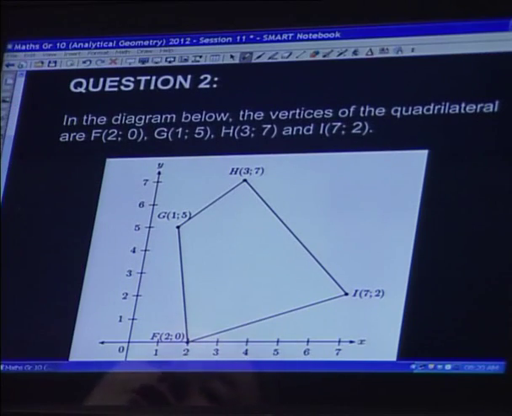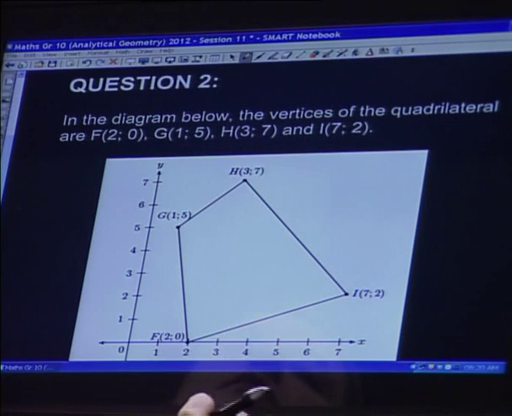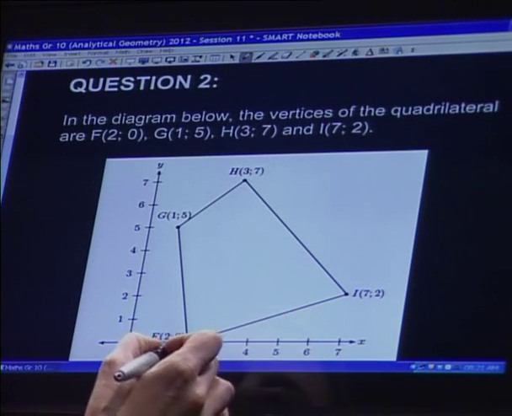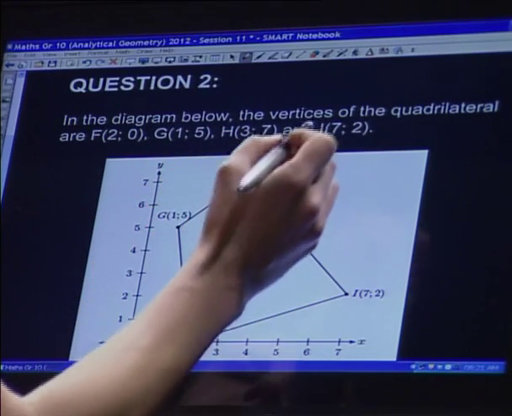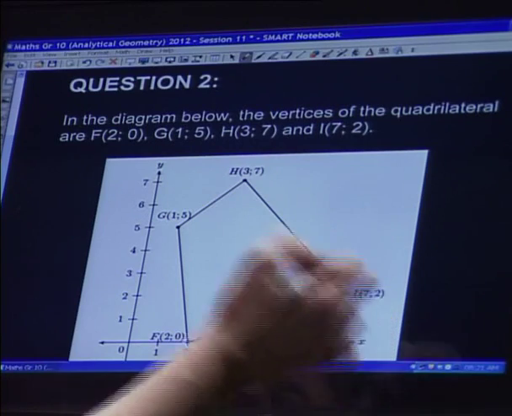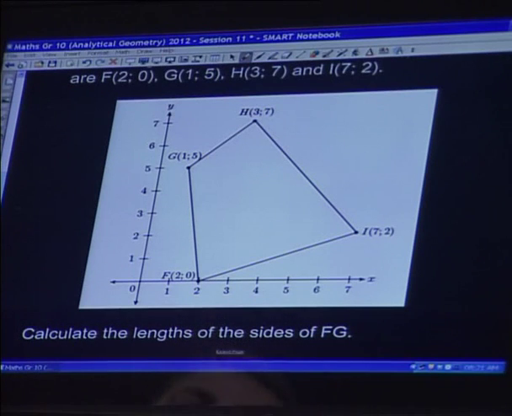Right. So we are told in the diagram below, the vertices of the quadrilateral are F(2,0), G(1,5), H(3,7), and I(7,2). So as we said before, a quadrilateral is a 4-sided figure.